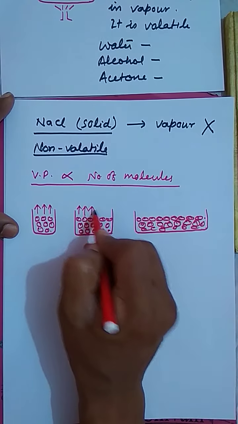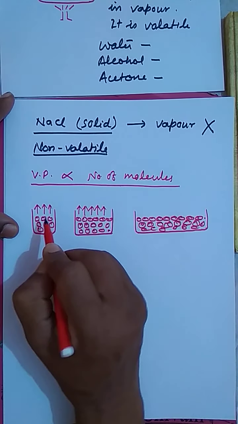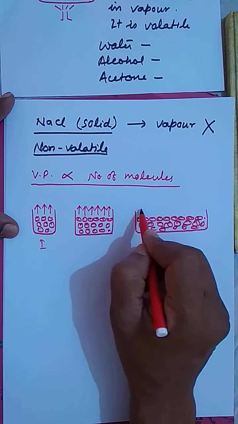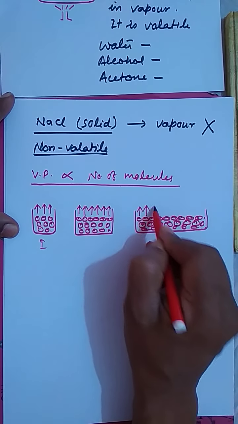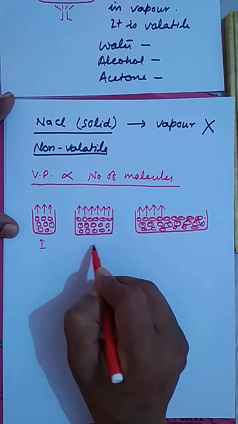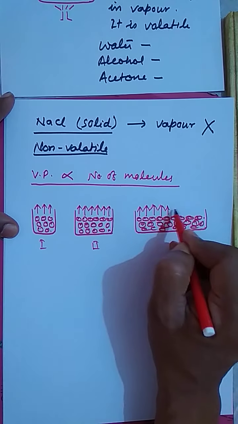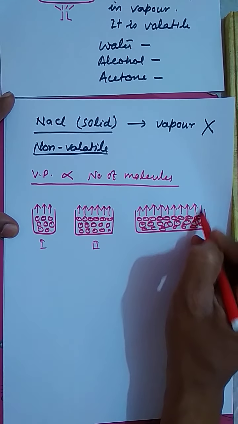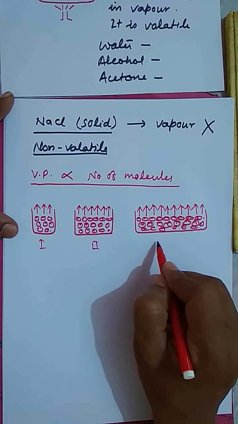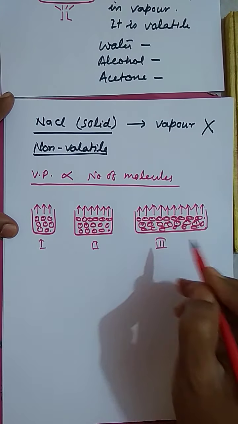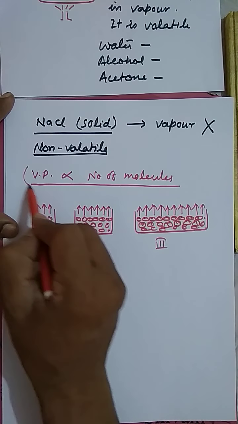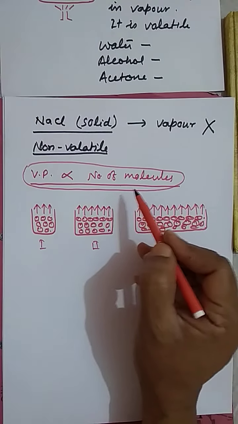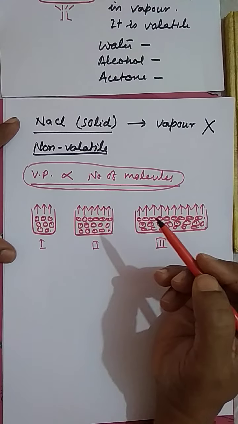Here vapor pressure is more in comparison to the first due to the increase in number of molecules, and here it is more than the second because the number of molecules is more than the second, right? So you can say vapor pressure is directly proportional to the number of molecules. If more molecules, vapor pressure is more.